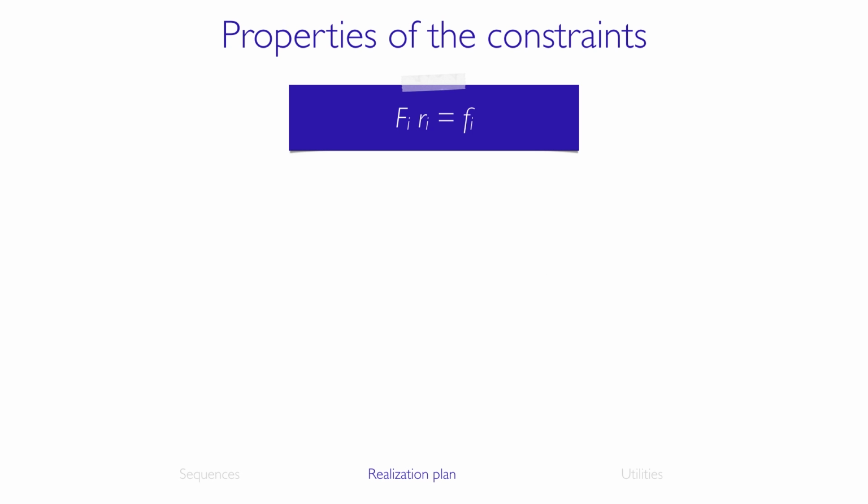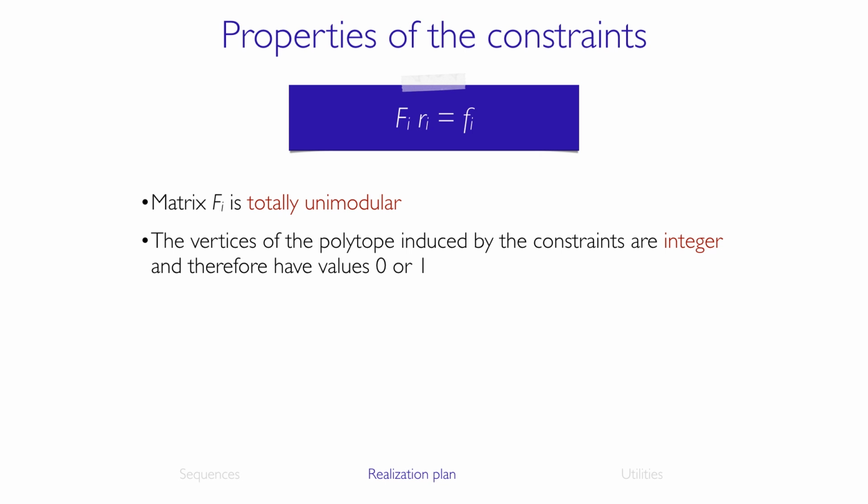We analyze the properties of the constraints. Consider the constraints in the vector form reported in the slide. First, matrix F1 is totally unimodular. As a result, the vertices of the polytope induced by the constraints are integer, and therefore they have values in 0 and 1.